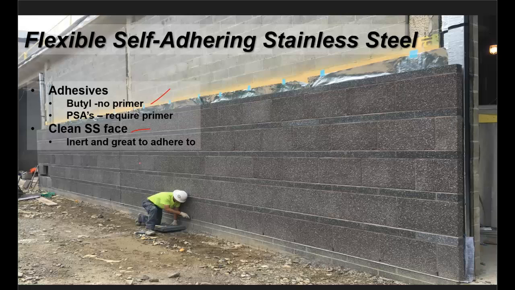So we want that bare stainless steel to be exposed. The side that goes facing down is going to have your butyl or a little layer of fabric, like a cross-woven polymer fabric that gives it a little body, or your peel and stick version is going to have butyl. That goes down, and your bare stainless steel faces the world.